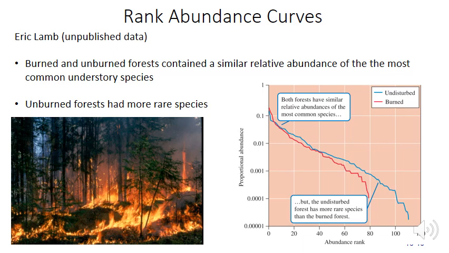The blue line represents the unburned sites, and the red line is a rank abundance curve of the burned sites. And what they show is that the most abundant species in those forests occur roughly evenly in the burned and unburned sites. But as you move down the ranks to the rarer species, in the burned sites, those rare species are represented less and less.